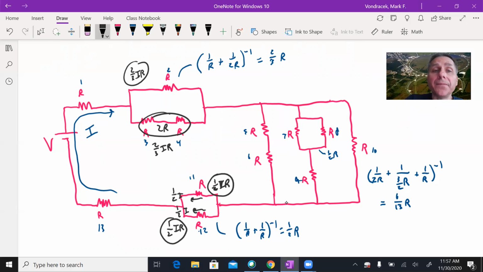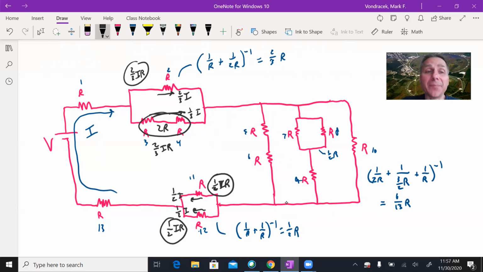Use Ohm's law, voltage divided by resistance. What you get on top, 2/3 IR divided by R, is 2/3 I, 2/3 your total current. 2/3 IR divided by 2R, on the bottom, you get 1/3 I, 1/3 of the total current. Those add up by Kirchhoff's rule in parallel.